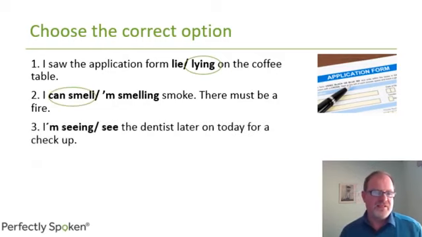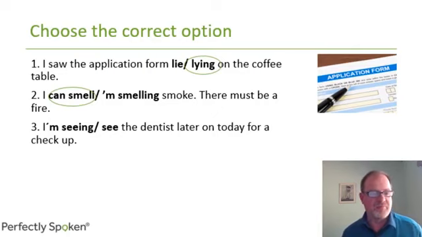Number 3, is it I'm seeing the dentist later on today for a checkup, or I see the dentist later on today for a checkup? A checkup is when the dentist has a look at your teeth to see if they're okay. You're not going for a particular reason to have a tooth extracted or removed or whatever.